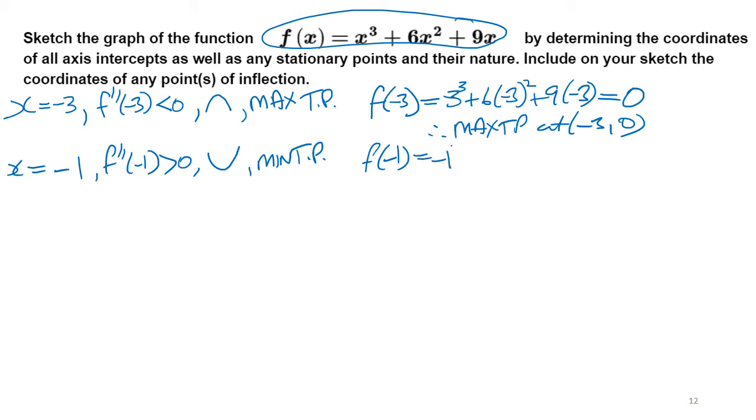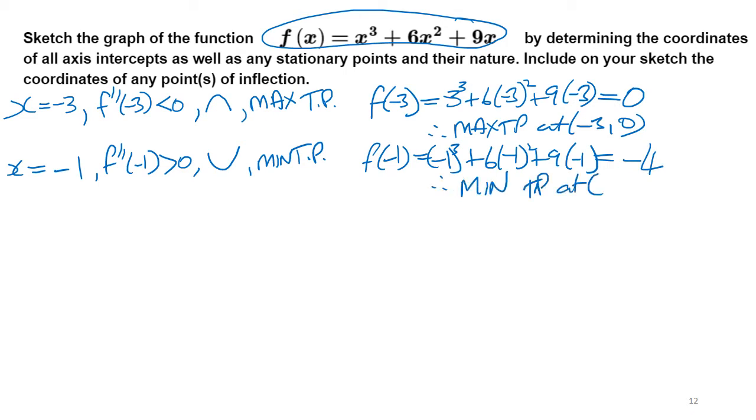It equals negative 1 cubed plus 6 times negative 1 squared plus 9 times negative 1. It will be a calculator exercise. You should find that the minimum turning point works out to be negative 4. Therefore, minimum turning point at negative 1 and negative 4.